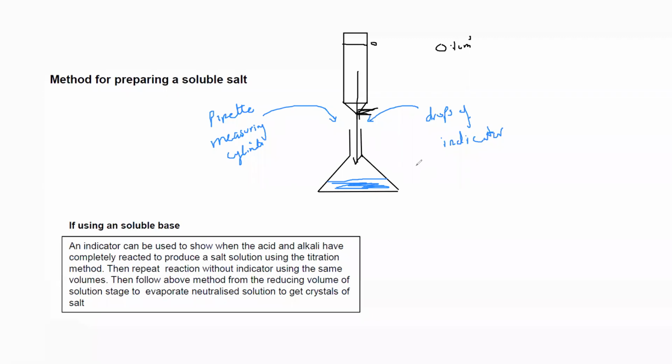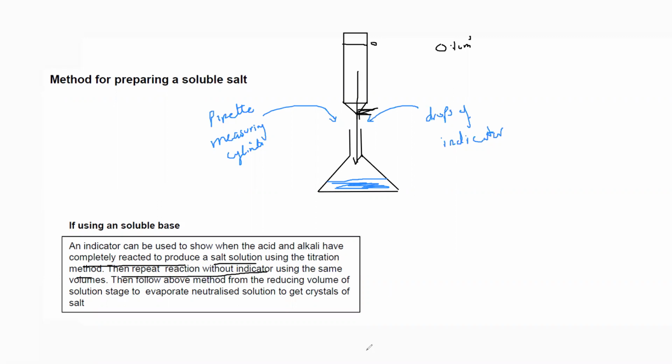Then you will repeat the experiment without indicator and use either crystallization or evaporation. So an indicator can be used to show when the acid and alkali have completely reacted to produce a salt solution using a titration method. Then repeat the action without indicator. Why are we repeating without indicator?